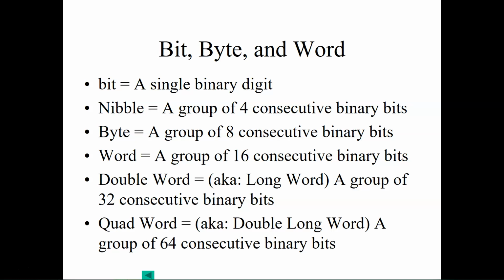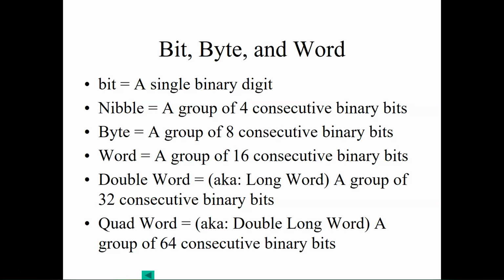Then we have what's called a byte. A byte is 8 binary bits. And after a byte, you have a word. This is a group of 16 binary bits. And so on and so forth. Does this all make sense to y'all?